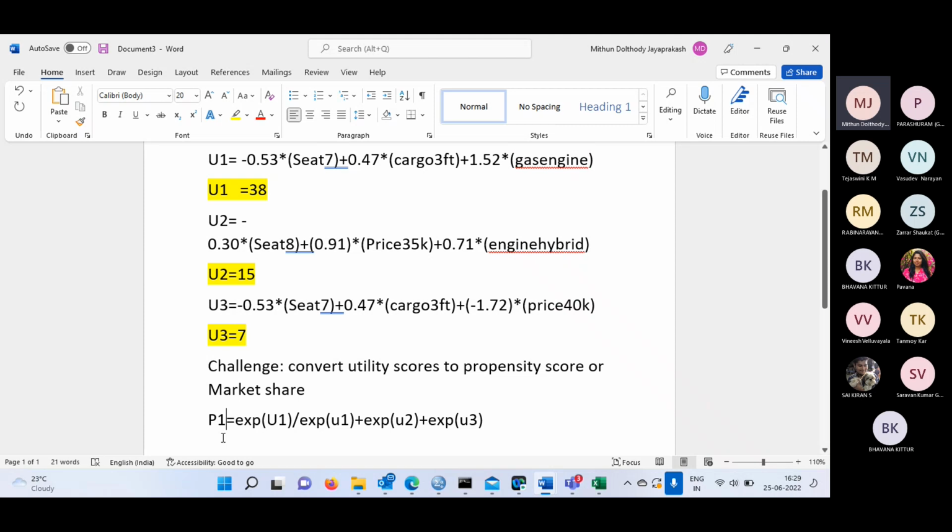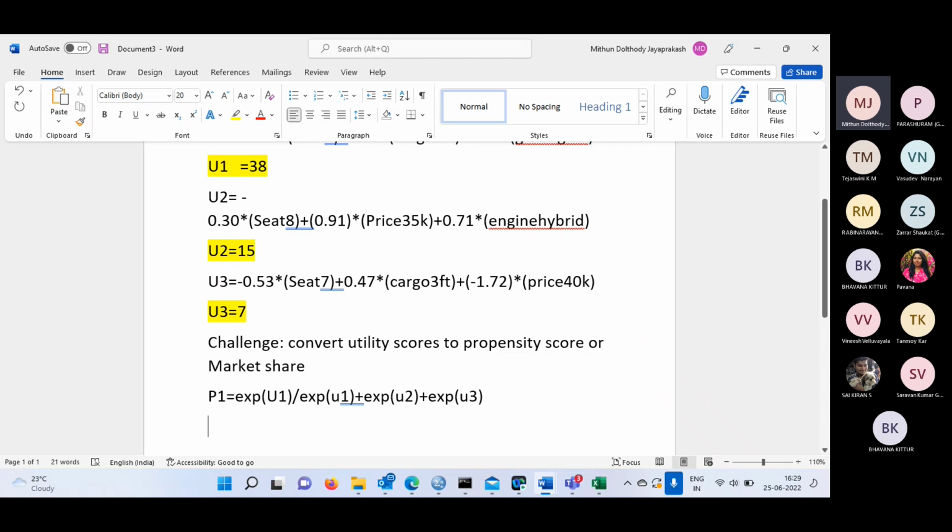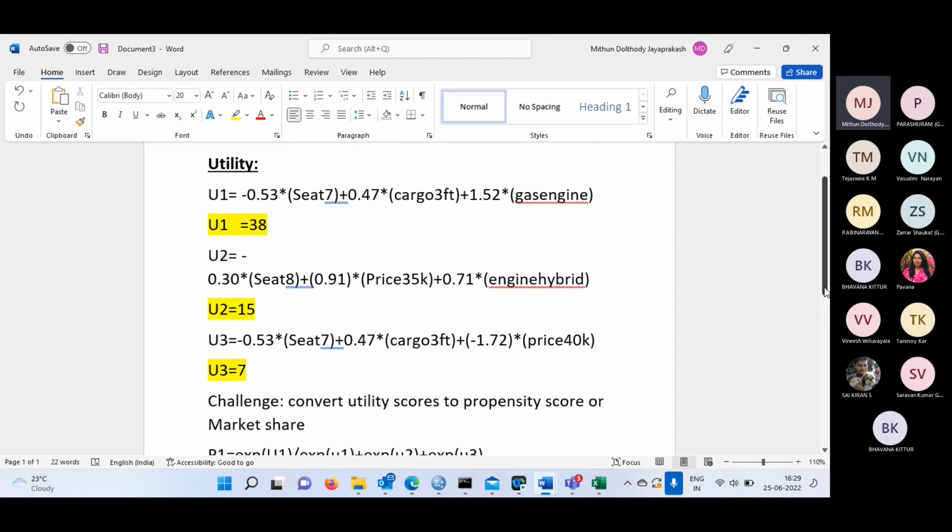Out of 100 customers, let's say you get the P1 value of 0.78. I'm just cooking up some number; you have to do the calculation and see. Let's say the P1 value comes up to be 0.78, which means that 78% of the consumers or customers are going to drive a vehicle or buy a vehicle with these characteristics.